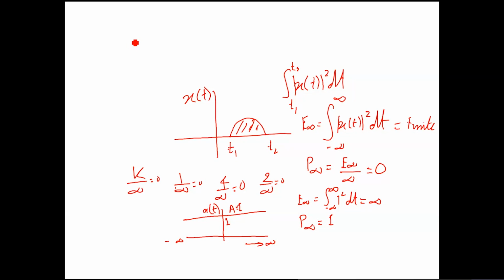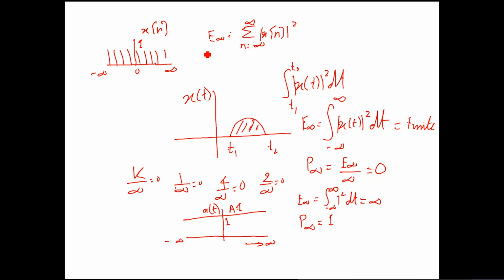Let's make it more simple. Let's talk about a discrete signal. So if we have all ones going throughout, from minus infinity to infinity, this is your x of n. And if you want to compute E infinity, it is discrete time, so it is going to be the summation of n equal to minus infinity to infinity of x of n square.